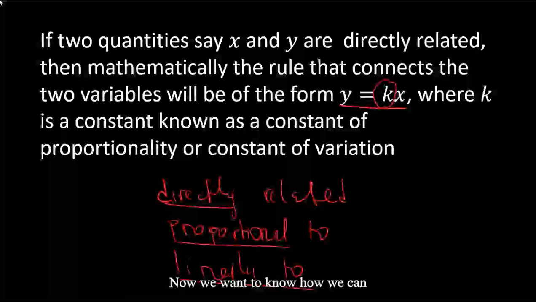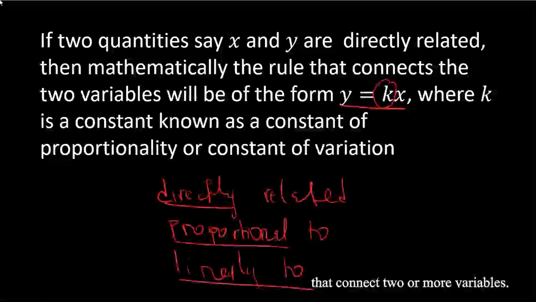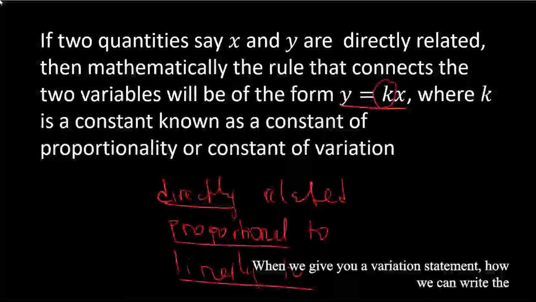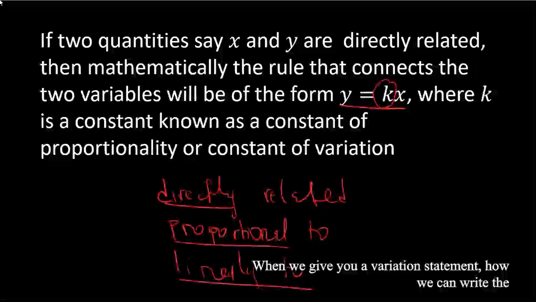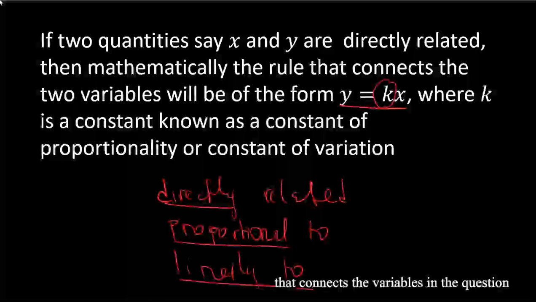Okay, now we want to know how we can write the equation that connects two or more variables. When we give you a variation statement, how can we write the mathematical equation that connects the variables?